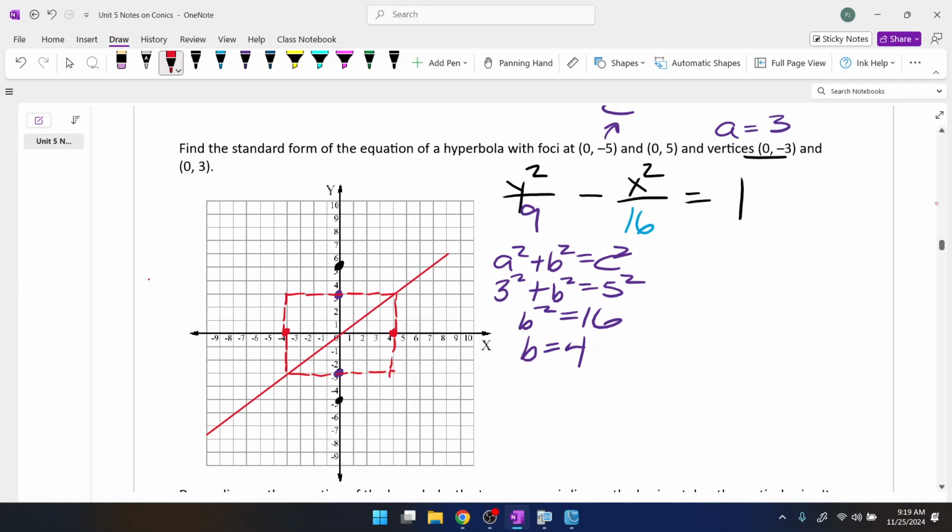If the vertices were like something 0, positive and negative something, comma 0. So that's what you would get.